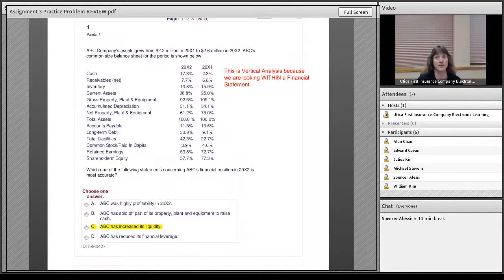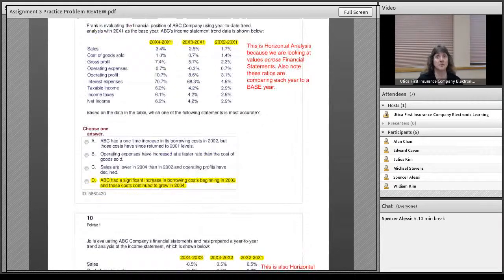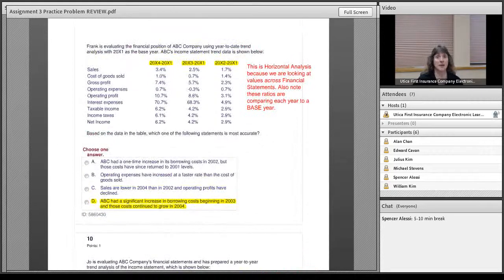All right, so that's all fine and dandy. But let's look at some of these other ones. Look at this one here. Remember this one? This one would be horizontal analysis because they're asking us to compare across years. You have to pay very close attention to the column headings, because this column heading says that these numbers reflect the second year as compared to the first year.